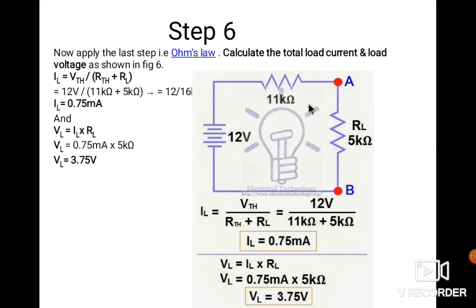So the total current IL, the load current flowing here, is equal to the total voltage VTH divided by RTH plus RL. RTH is 11 kilo ohm and RL is 5 kilo ohm.